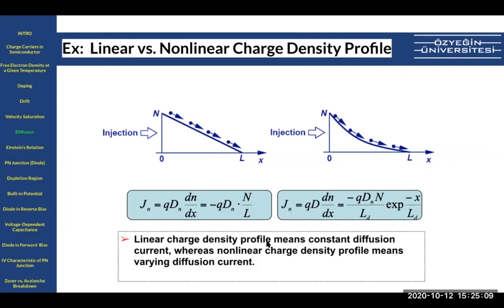A linear charge density profile means constant diffusion currents, and if it is nonlinear, it means varying diffusion currents. And it is given to you per semiconductor. So every semiconductor will have different characteristics for diffusions.